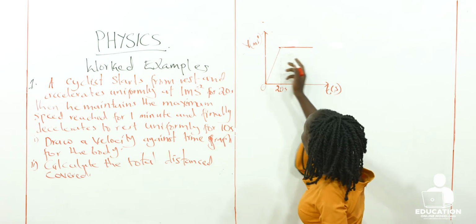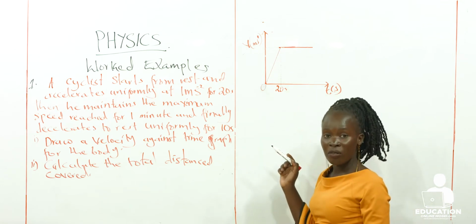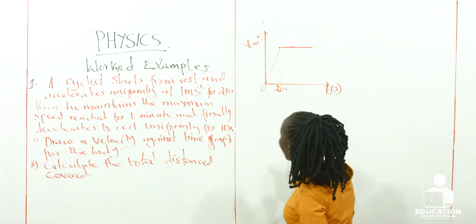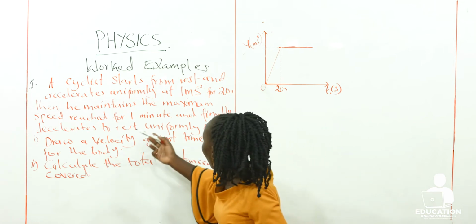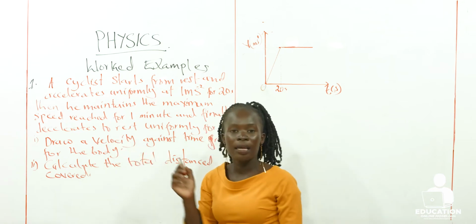So if these two values of velocity are the same, that means that the body is moving with a uniform velocity. Now what happens to the cyclist after attaining the maximum speed for 1 minute?